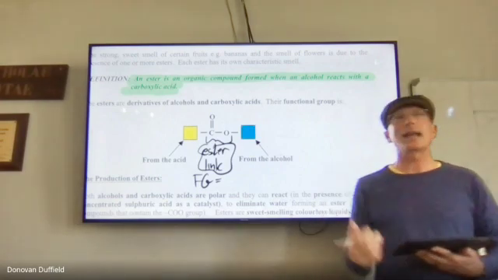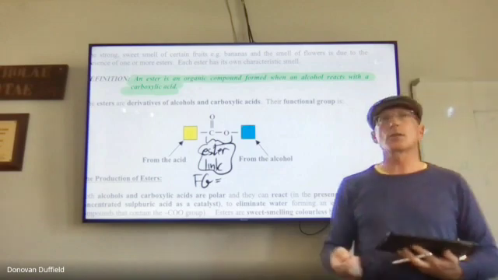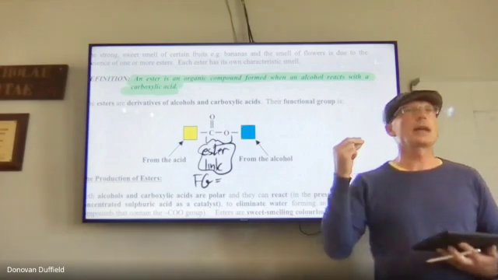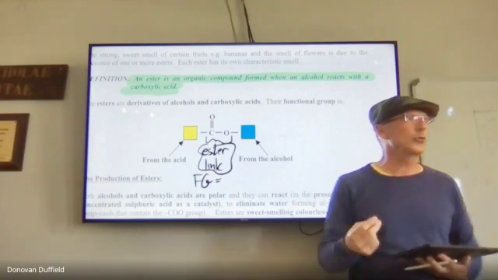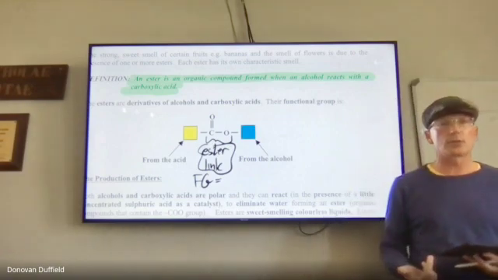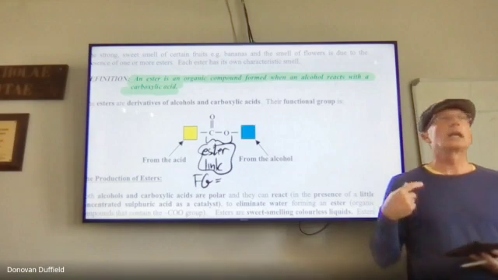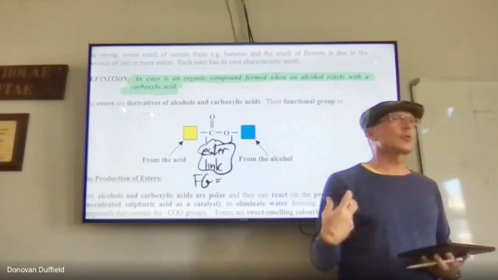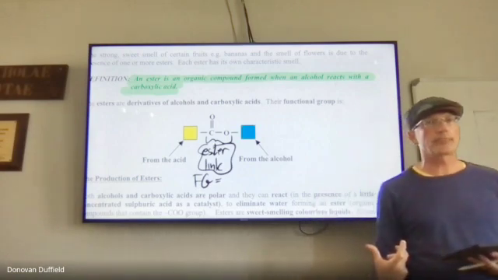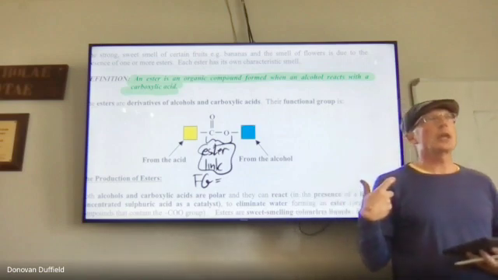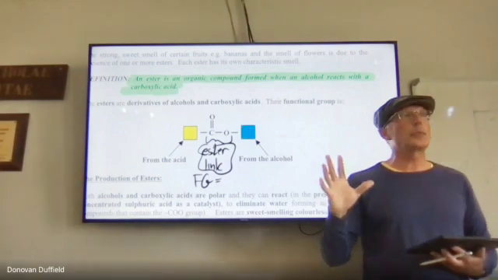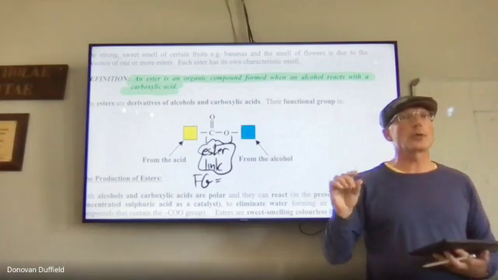Now the thing about esters is esters are sweet and they are used as flavorants and aromatics. They are used in the fragrance industry. Esters are also oils. Now, have any of you ever been to a perfume shop in the Middle East?